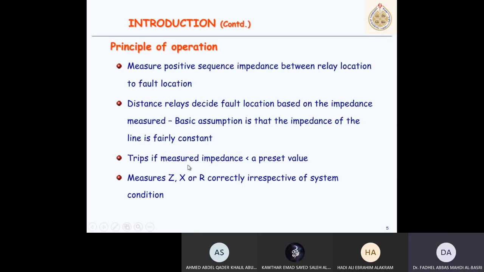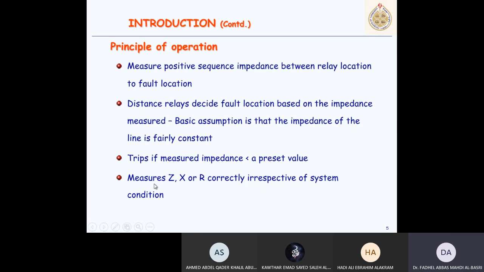It trips when the measured impedance is, as I said, less than a threshold value. If we have different zones, each zone has a setting. I will present this inshallah in the following slides.